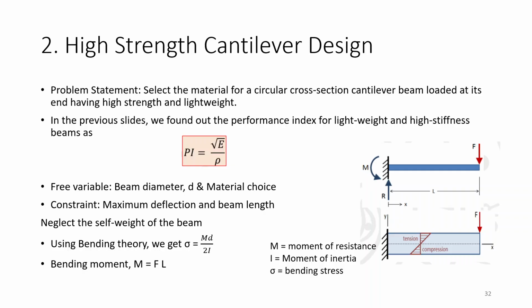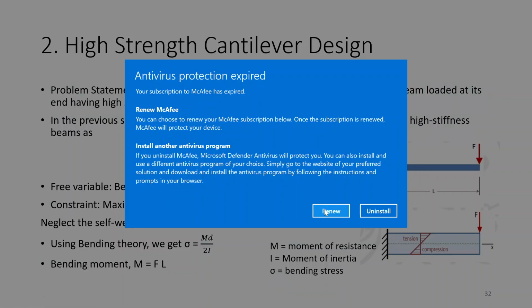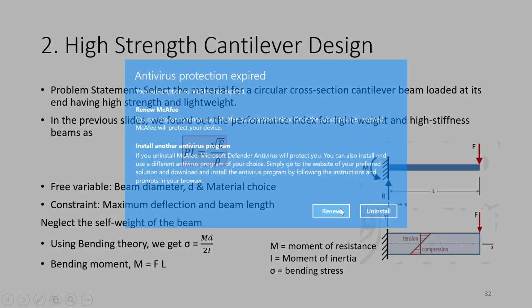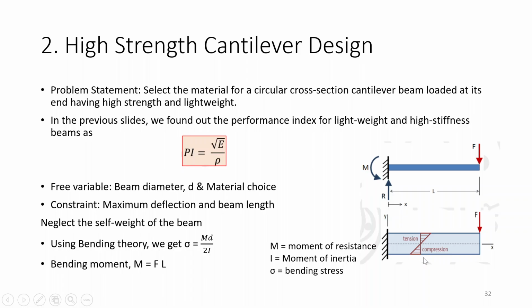So bending moment can be given as M equals F L. F is the force that is applied, M is the moment. Okay, so this is the length, and in this particular region it will be having tension, and the other half will be having compression.